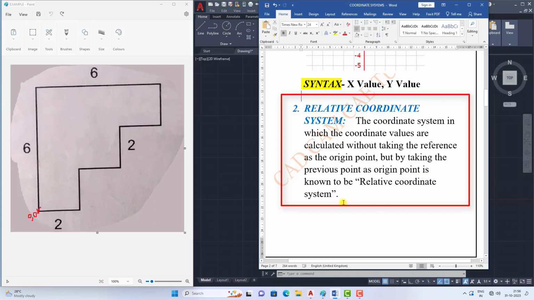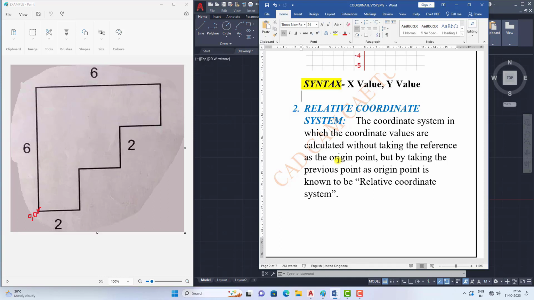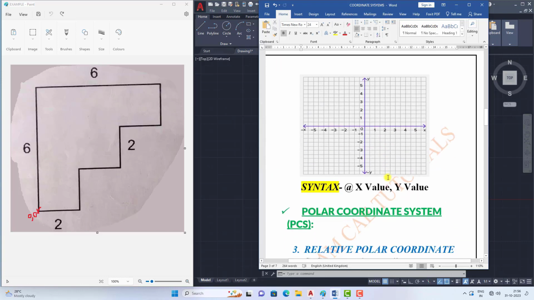This type of system is known as a relative coordinate system. We are not calculating the coordinate values with reference to the origin, but by taking the previous point as the origin point, and we need to complete the diagram.